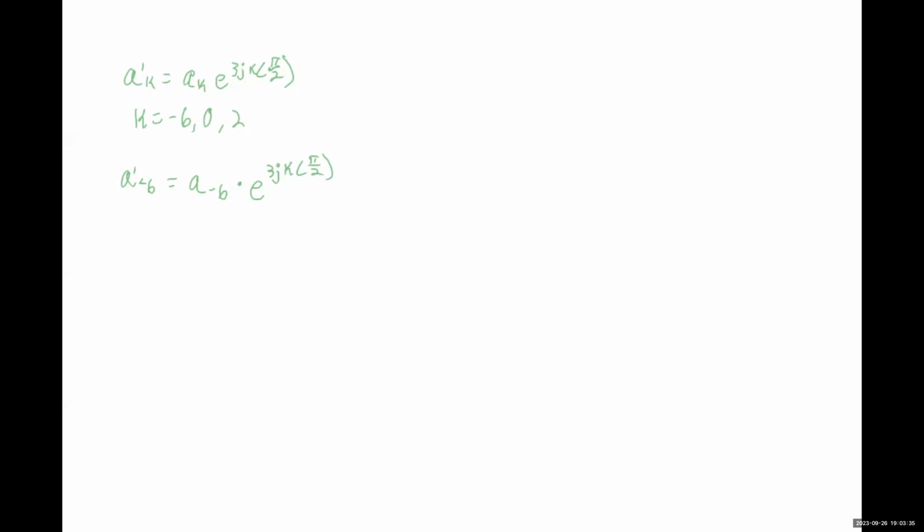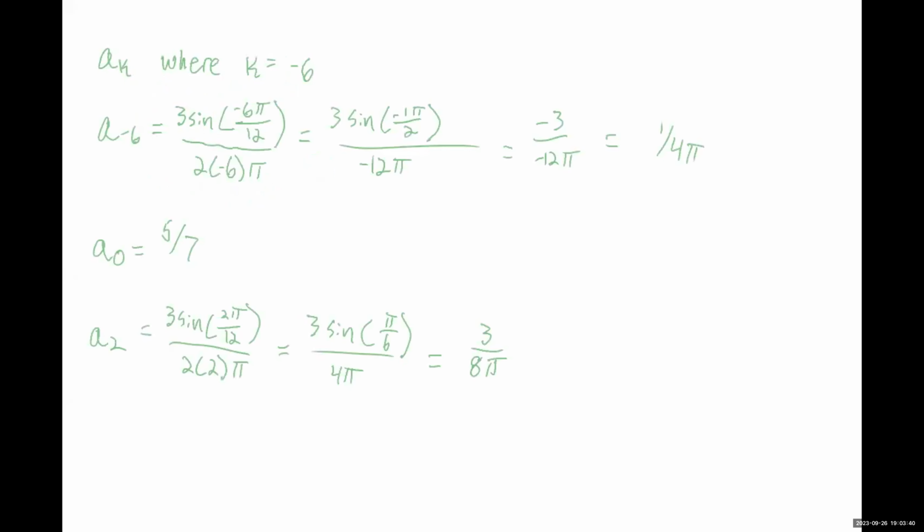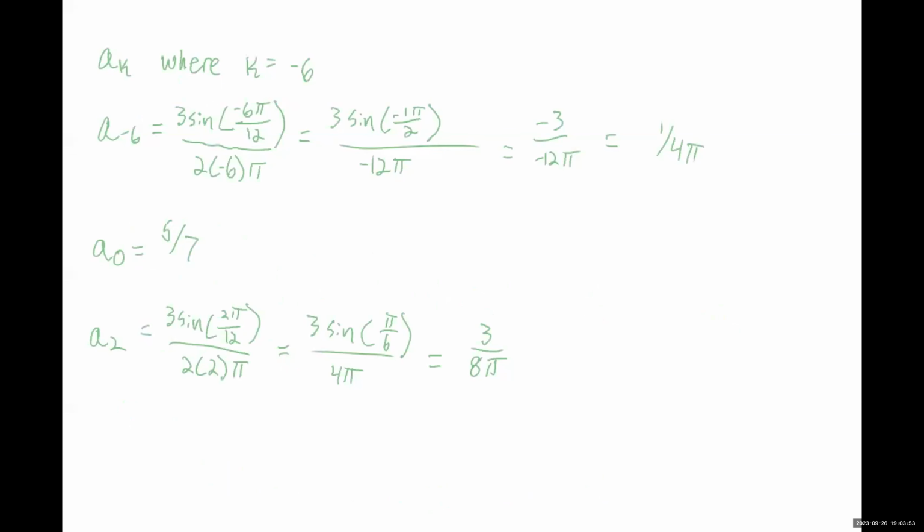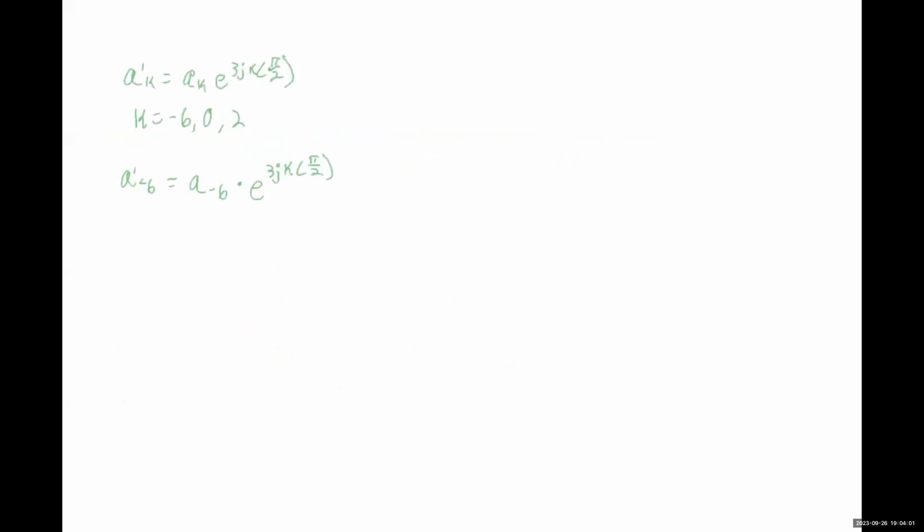So we can go back and see we had already calculated what A of -6 is with our original signal based off of this equation. And we got that A of -6 is equal to 1 over 4 pi. So we can plug in 1 over 4 pi times e to the 3jk pi over 2.